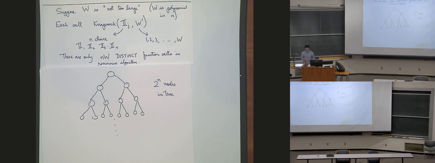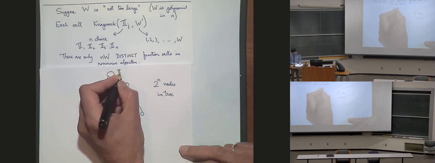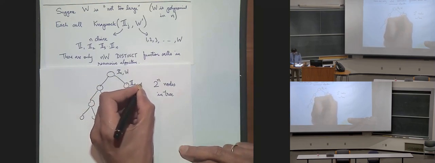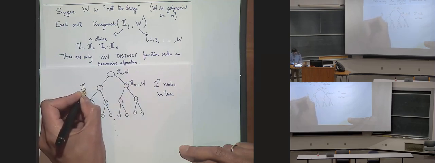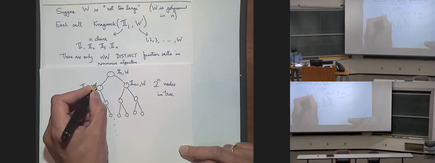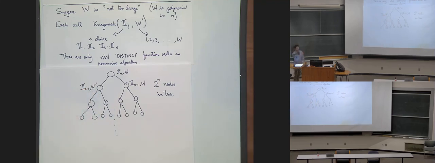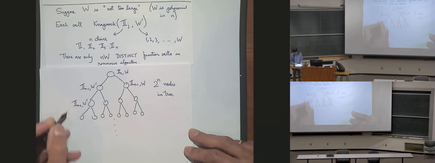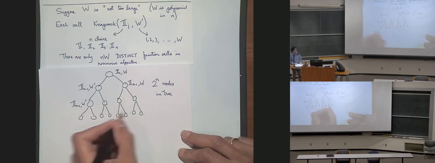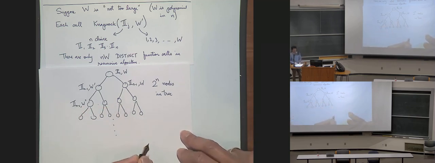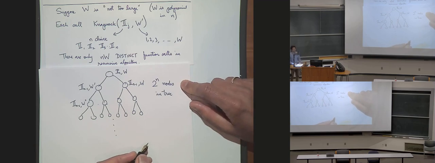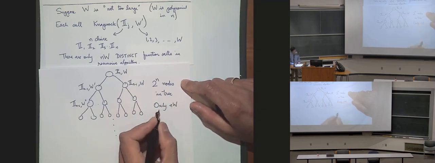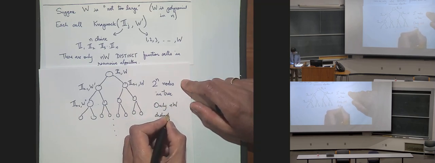Here it's n, W, maybe n-1, W, this is n-1, some W prime, because the knapsack would have reduced, and this gives you n-2, something else, and so forth. Even though there are 2 to the n nodes in the tree, there are only n times W distinct labels.